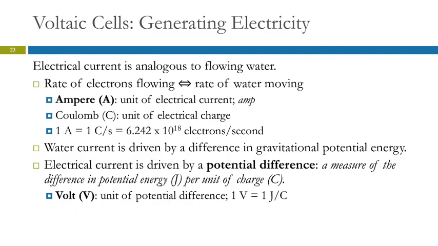Well, the smoke detector was beeping last night, so I had to scrounge around and find a 9-volt battery, right? 9 volts tells me how many joules per coulomb that battery can provide. So that's the unit of potential difference. That's larger than a regular alkaline battery, which is, I think, about 1.5 volts.